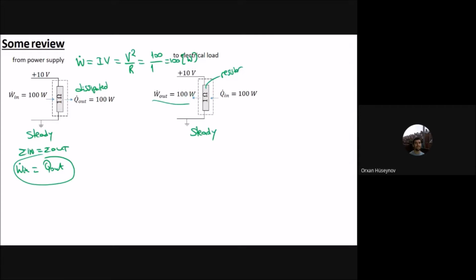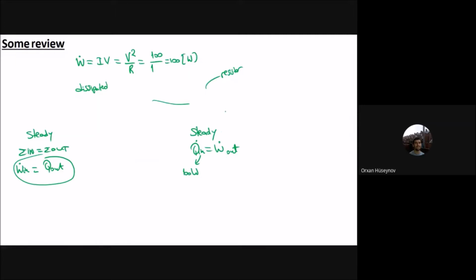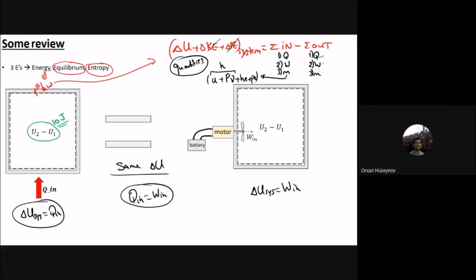If I write the first law, if it is steady, then Q dot in should be the same as work dot out. And if steady, this should be true, because I have the left-hand side as 100 watts, and the first law doesn't put any constraint on the right-hand side. It doesn't say that it should be work, it should be heat, it should be mass. It doesn't put any constraint. You can select any of it.